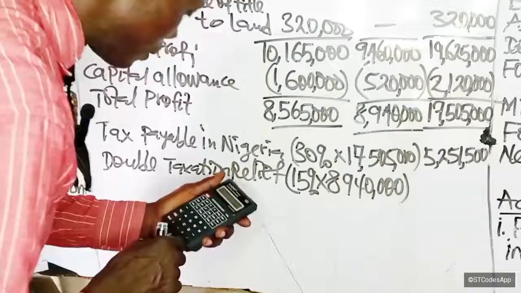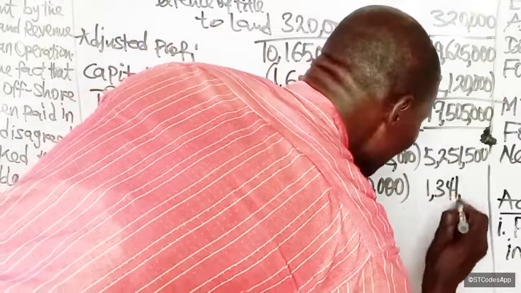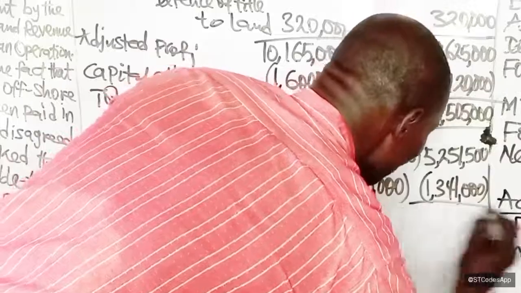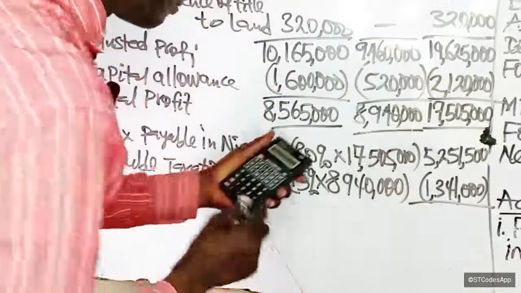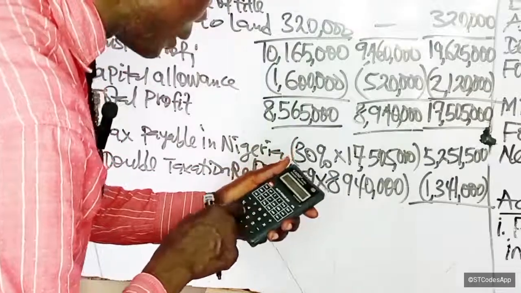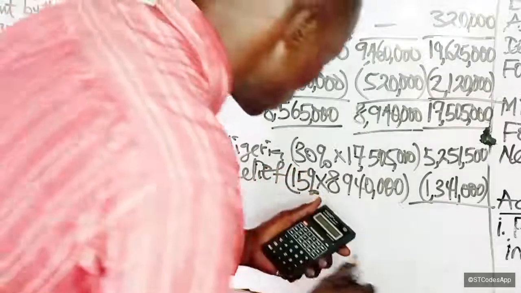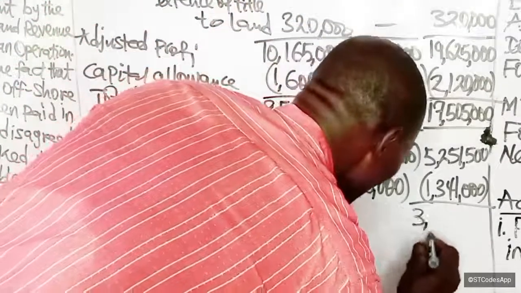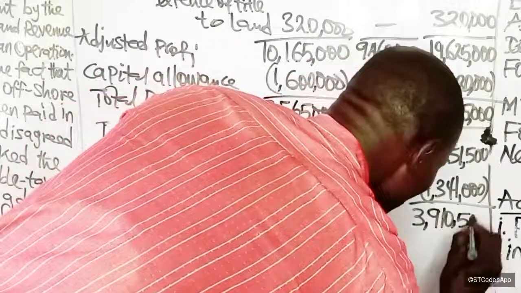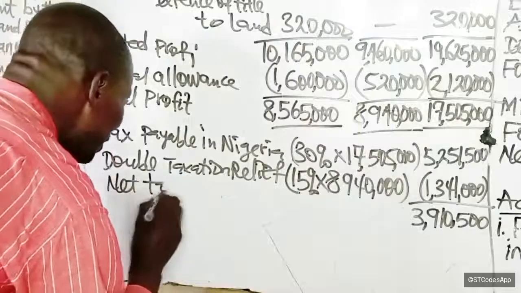So we have 1,341,000. Then if you subtract it from the tax, we have 5,251,500 minus 1,341,000, so we have 3,910,500. This is the net tax payable.